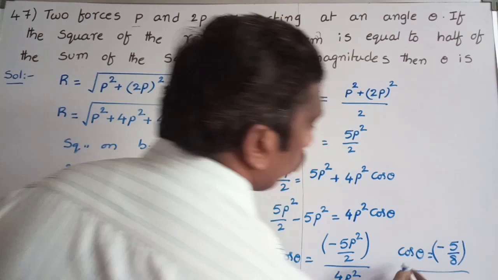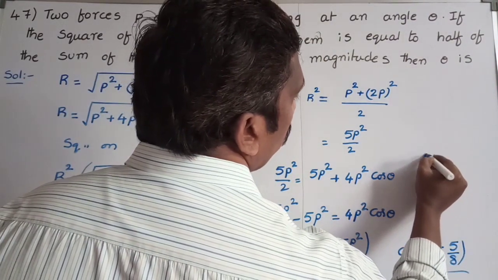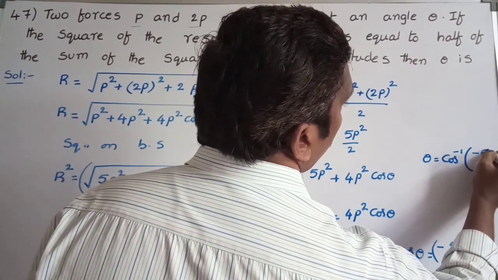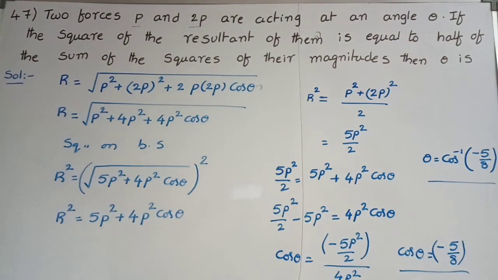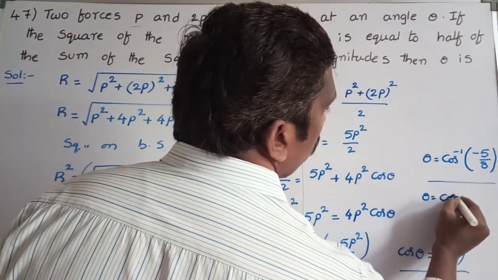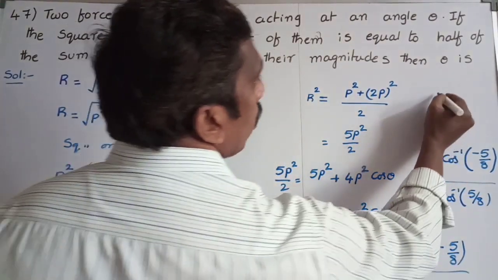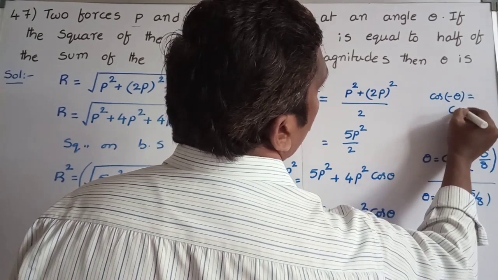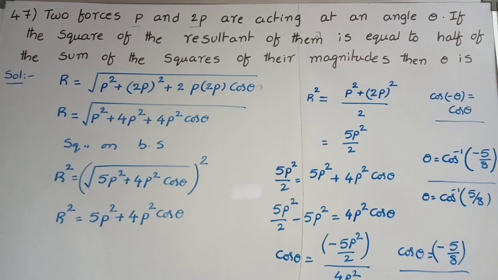So from that we can write theta is equal to cos inverse of minus 5 by 8, or we can write cos theta is equal to 5 by 8. This we can write theta is equal to cos inverse of 5 by 8. Why? Because cos of minus theta is equal to cos theta only. So from that we can write theta is equal to cos inverse of 5 by 8.